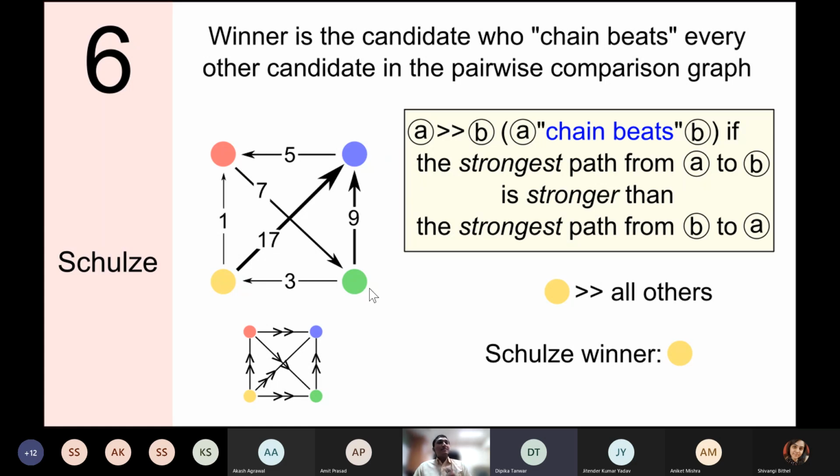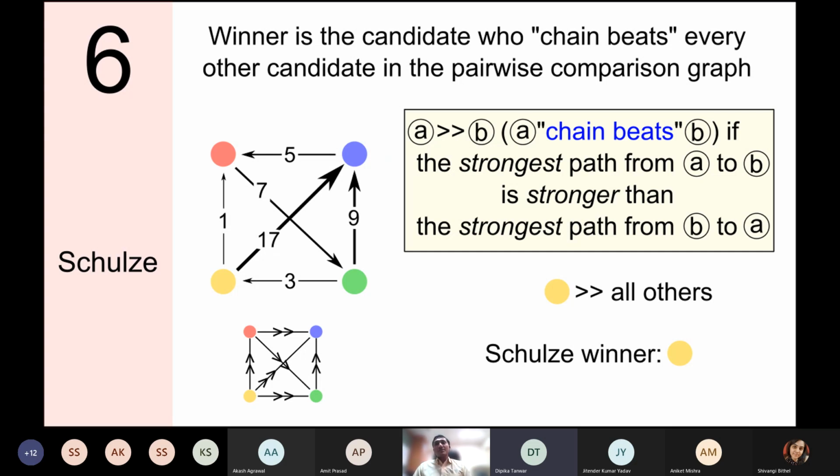Note that chain beats does not always go well with beats in the pairwise comparison graph. Here, green beats yellow in a head-to-head election, but yellow chain beats green. So it does not always obey the head-to-head election direction.